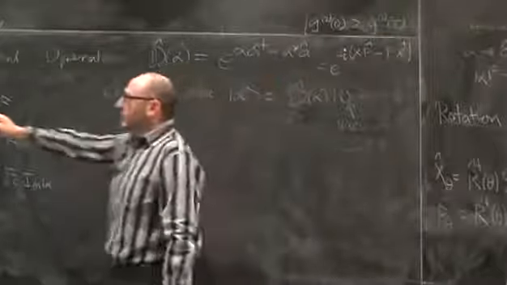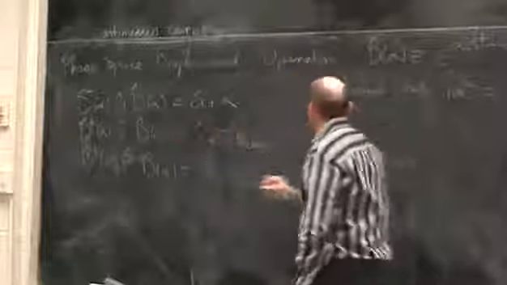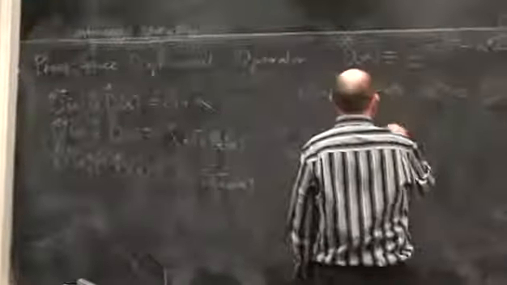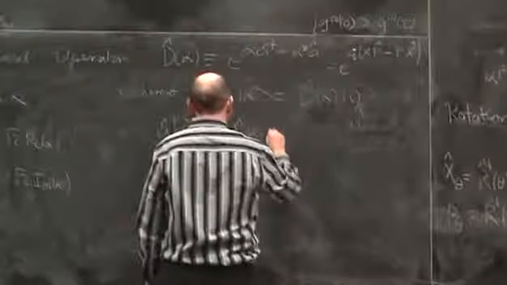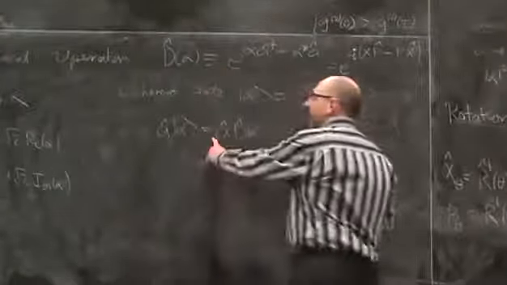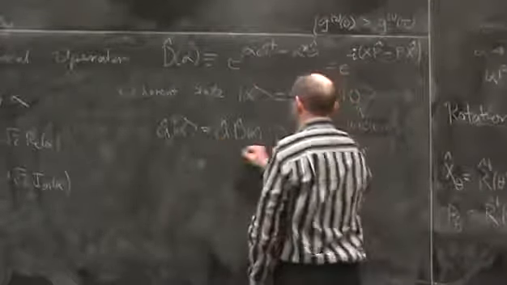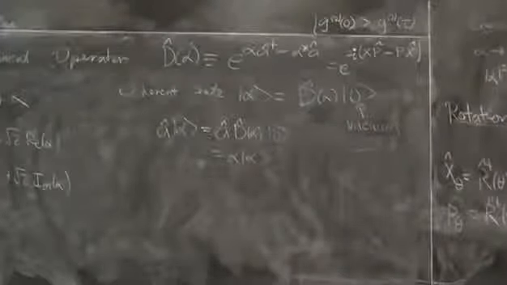It follows simply from these relations that if I apply the annihilation operator to the displaced vacuum, and I put in a D dagger D, then this is equal to alpha, okay, which is what we must have for a coherent state.